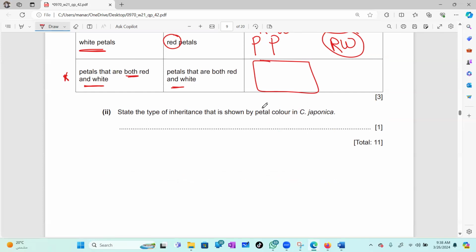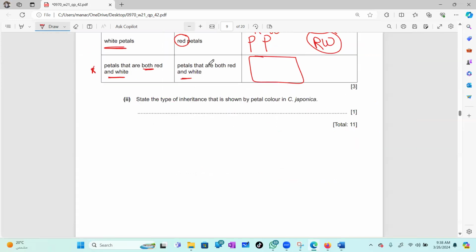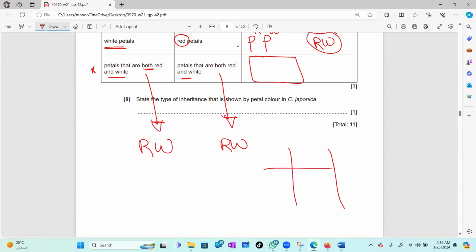Excuse me? PW. Yes. So this parent is RW. This parent is codominant, and this parent also is codominant. I will do a Punnett square, and I will see the genotype of the offspring. This is R and W, and this is R and W. This child will be RR. This child will be heterozygous.